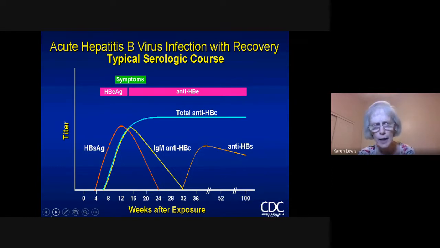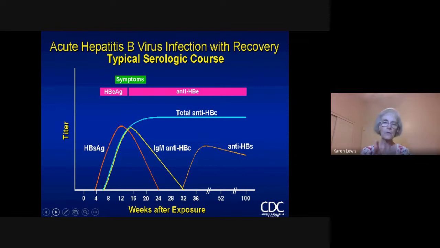So the definition of an acute hepatitis B infection is you have infection, but you can tell you've cleared the infection when you are no longer hepatitis B surface antigen positive. But it takes another 4 to 8 weeks for you to have detectable antibody to hepatitis B surface antigen. And so in that interval, it's described as a window.